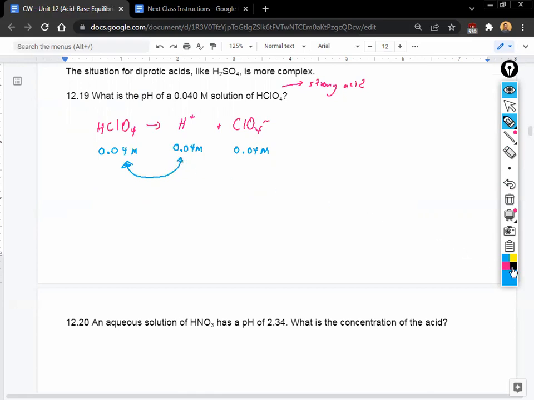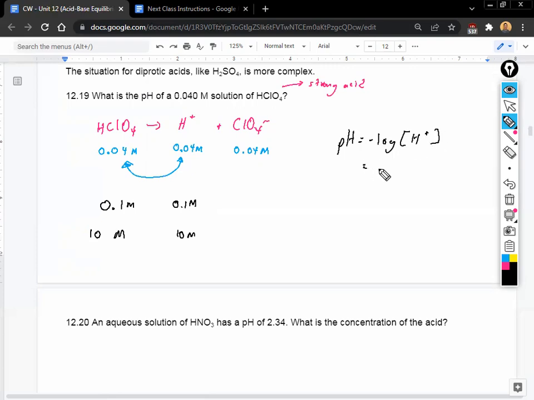Okay, so let's try this again. If we had a strong acid that has a concentration of 0.1 molarity, what's the concentration of H plus? 0.1, thank you. What if it was 10 molarity? What's the concentration of H plus? 10, good. Okay, so that's the point that I'm trying to make. From there, super easy to find pH, right? We just need to do pH equals the negative log of H plus.